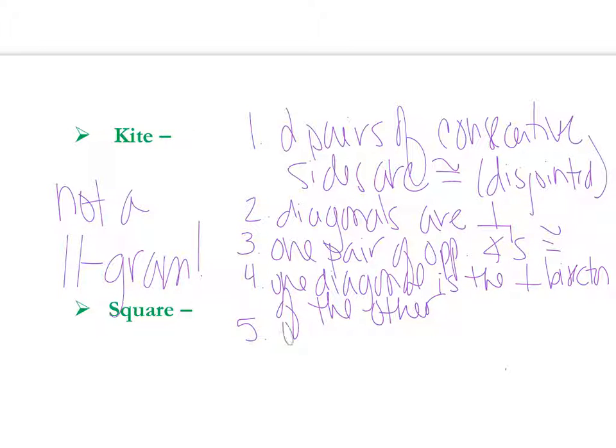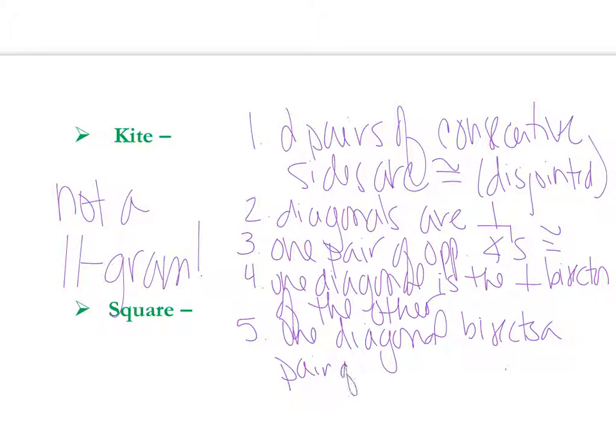And one diagonal bisects a pair of opposite angles. If you need to stop the video to write these all down, please go ahead and do so. But these are the properties for a kite. Remember that a kite is not a parallelogram.